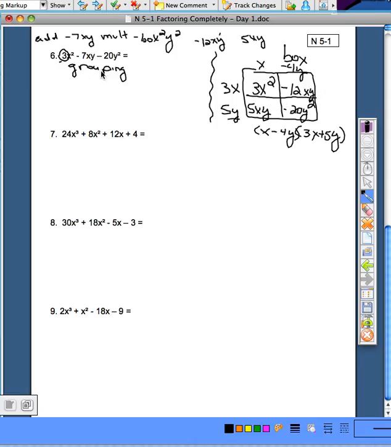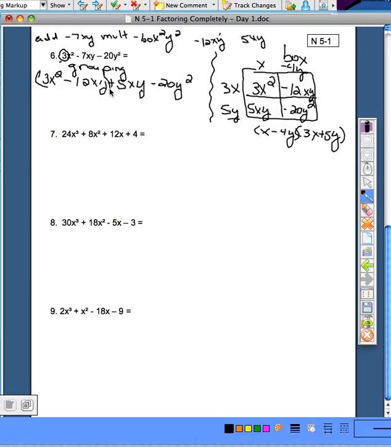Now, grouping is the same process, but you don't draw a box. You have 3x squared. Then I list my factors, negative 12xy plus 5xy minus 20y squared. And if you notice, I haven't changed the value of my expression because negative 12 plus 5 is negative 7. I've just split the term, basically, into two.